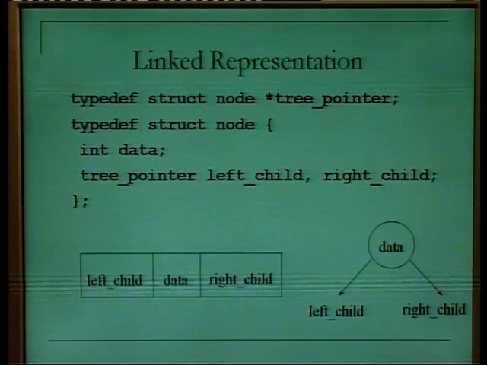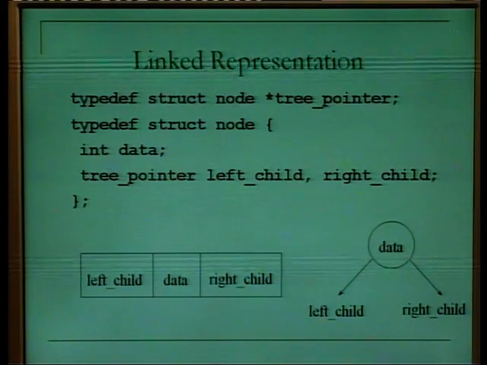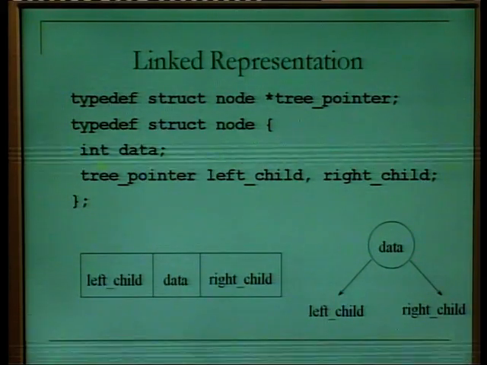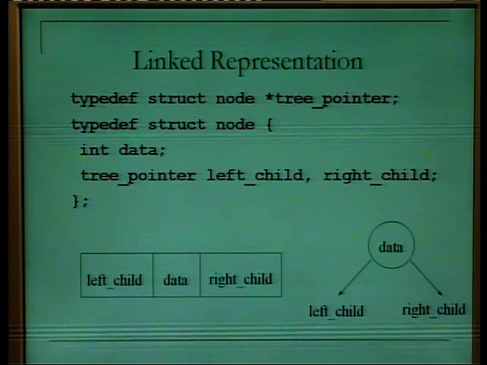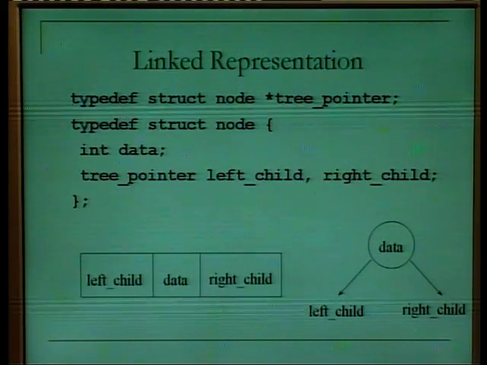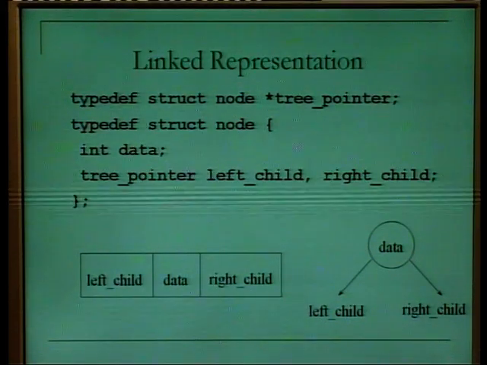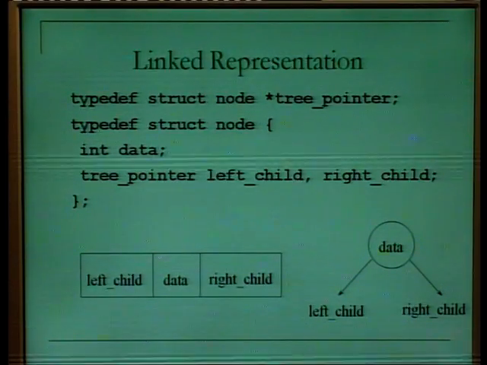We will construct a node having three data members. First is data, of type integer, and the second and third data members are of pointer type. They will point to the left child and right child. The left child and right child may be leaf nodes or they may be subtrees.